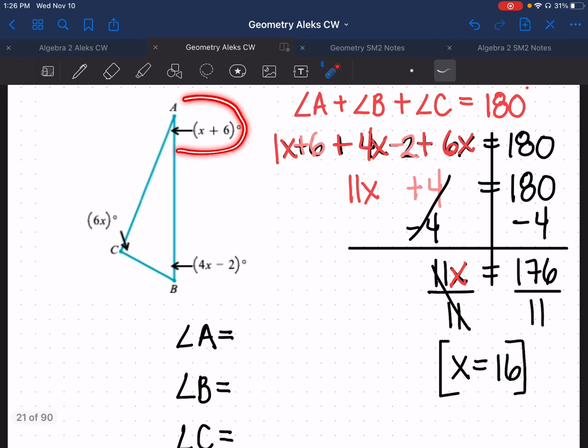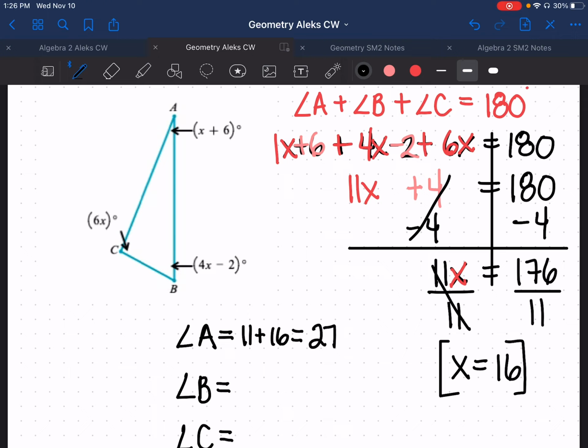So for A, I'm going to come right here and I'm going to say it's 11 plus 16. Give me just 1 second here. 27. And should it have a little degree mark? Yes, but don't worry, you're just going to plug in the number on the quiz today.